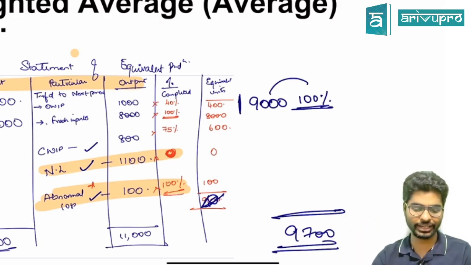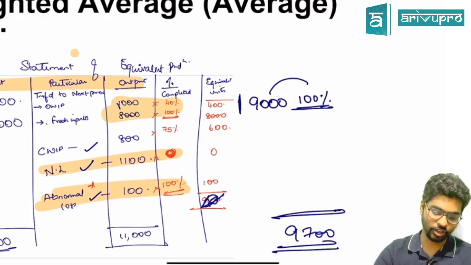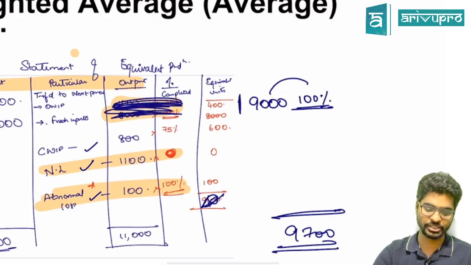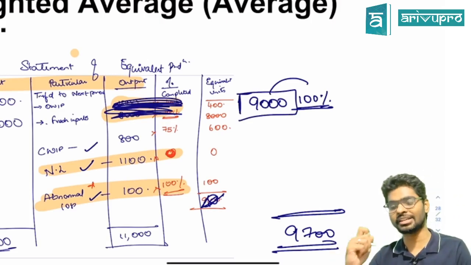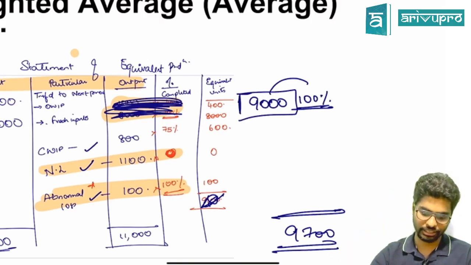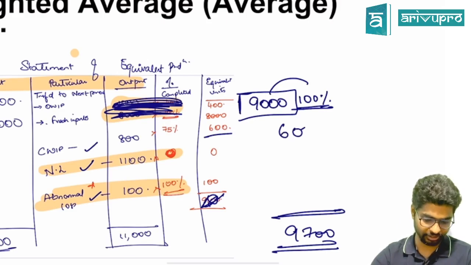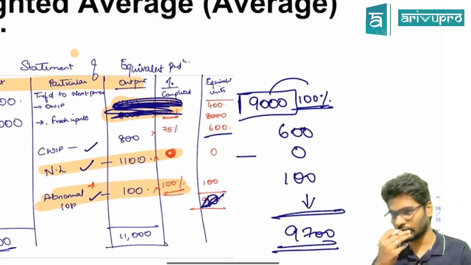Whereas under weighted average, I don't divide this at all. I'm not going to divide this into 40-50%. Whatever 9,000 units have been completed this year, I will assume that 100% is done this year only under weighted average. So 9,000, then closing WIP is 600, normal loss 0, abnormal loss 100, total comes to 9,700.